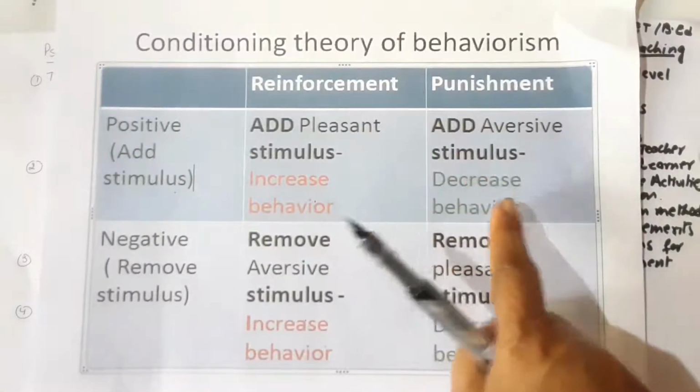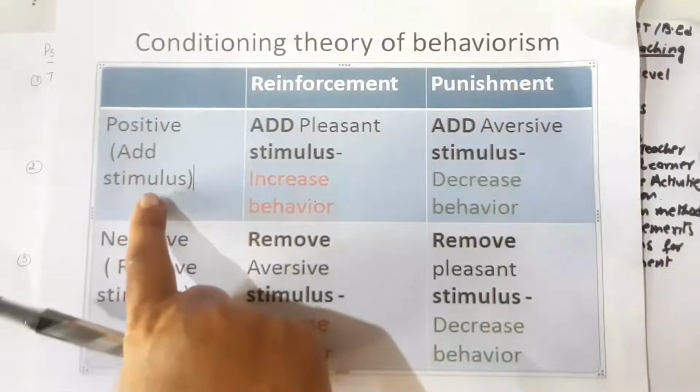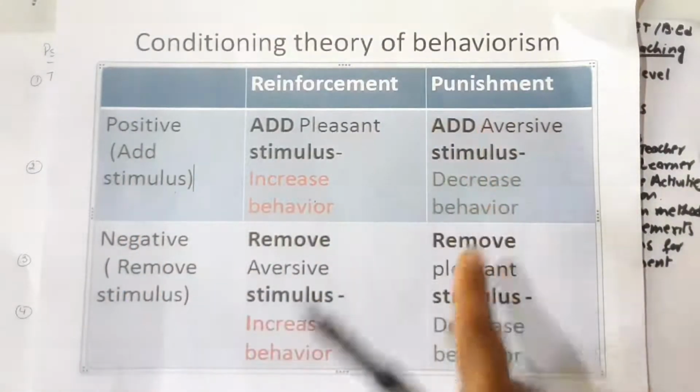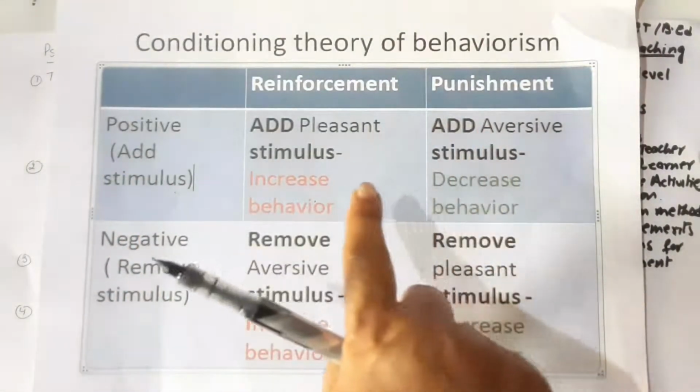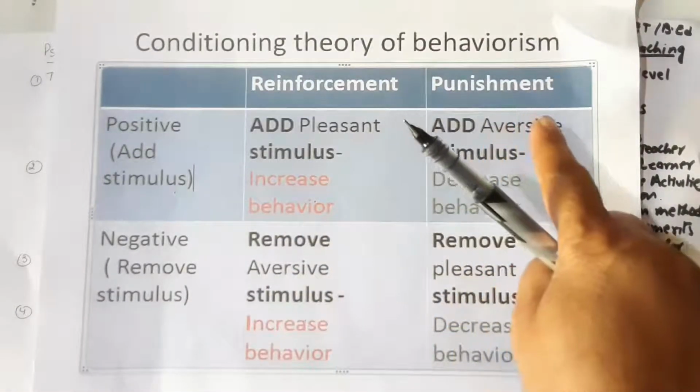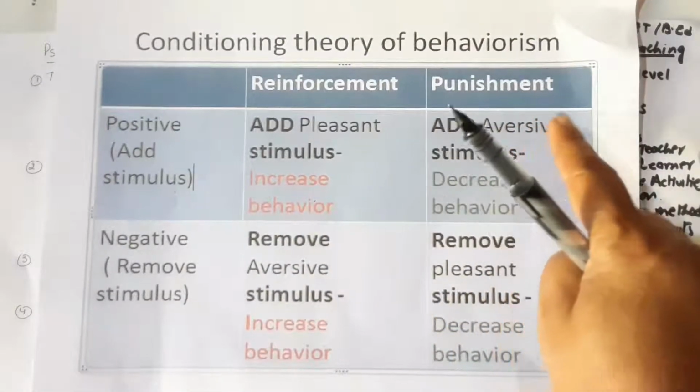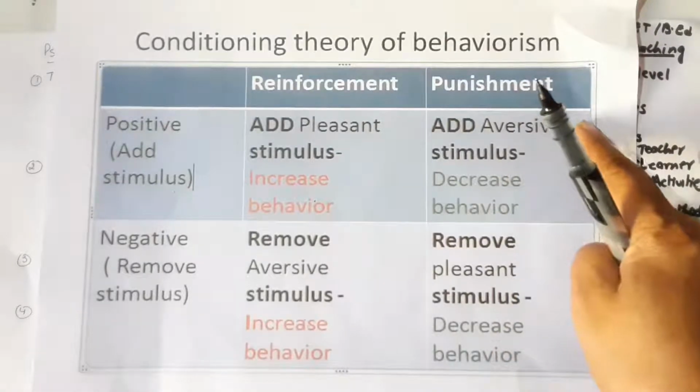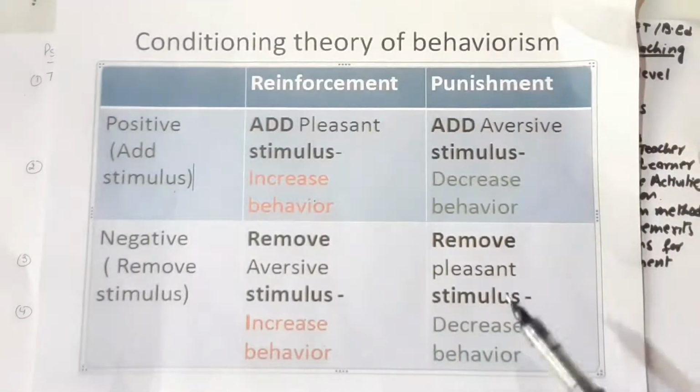Whereas in this case, that is adding a stimulus as punishment, we are adding a stimulus which the child doesn't like. For example, we want the child to be showing good behavior.